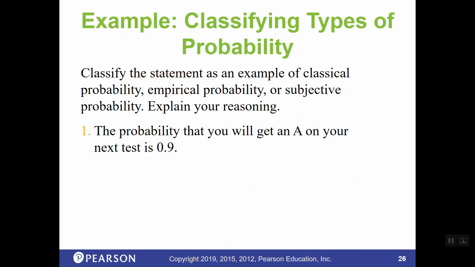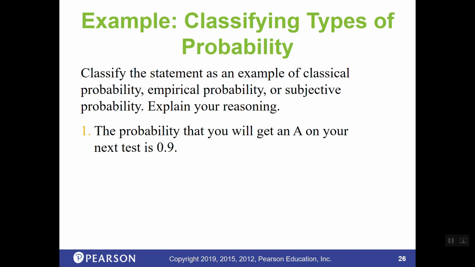So here it says classify this statement as an example of classical probability, empirical probability, or subjective probability, and explain your reasoning. The probability that you will get an A on your next test is, you will say, 90%. And you might say that because you made an A on the first test.